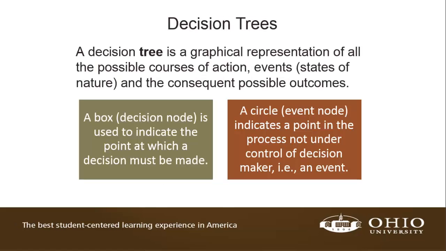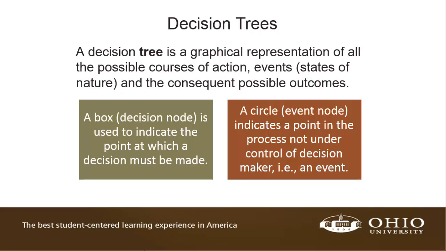Let's now consider one more tool available to us in decision analysis. That tool is a decision tree, and all a decision tree is, is a picture or a graphical representation of all the possible alternatives or courses of action that are available to the decision maker, all the possible events or states of nature that may occur, and then the subsequent possible outcomes associated with each combination of alternative and state of nature.